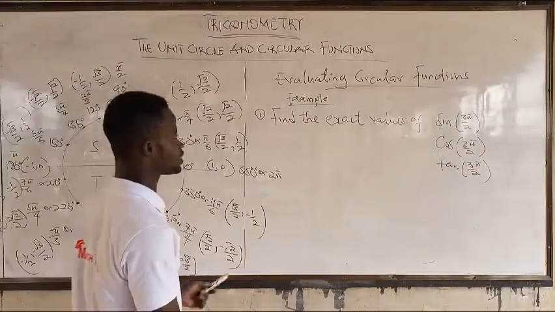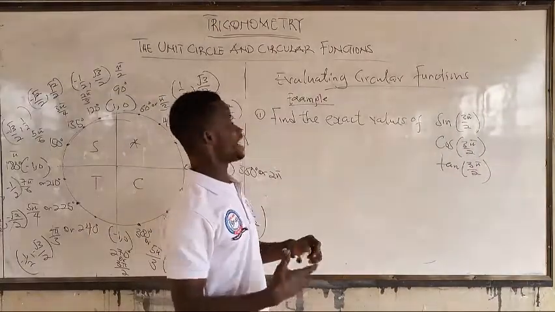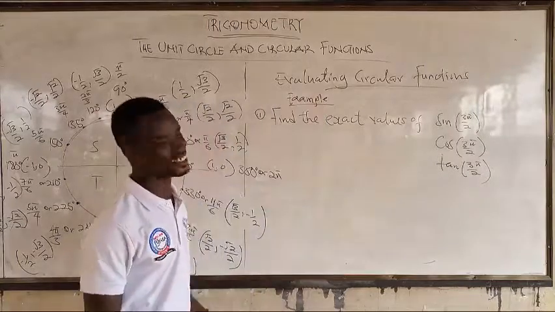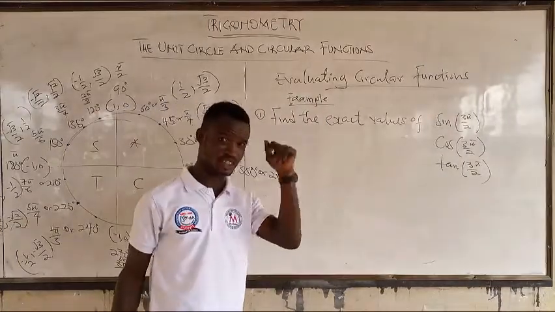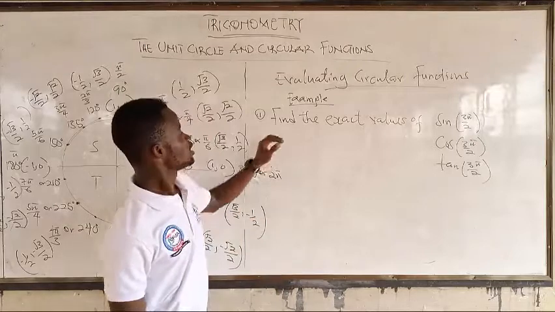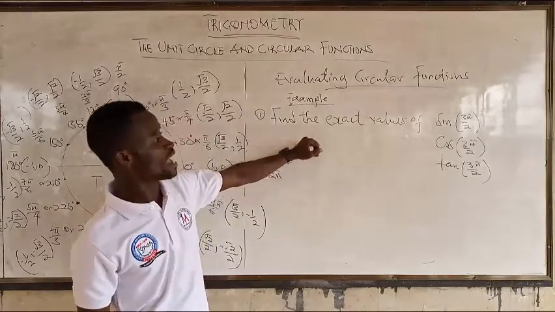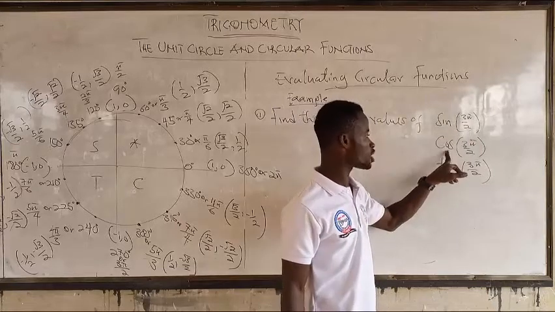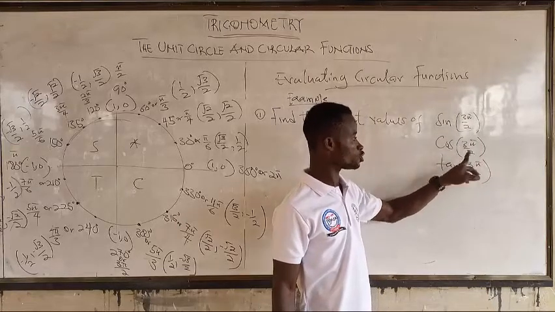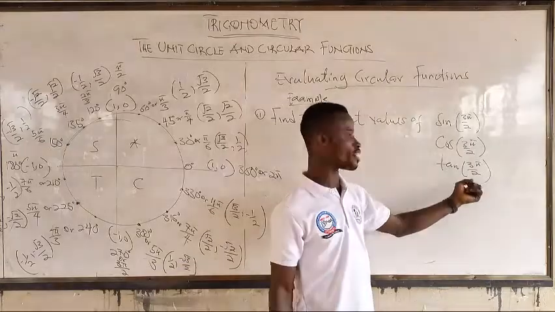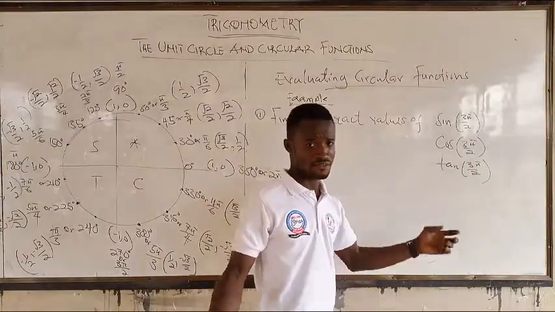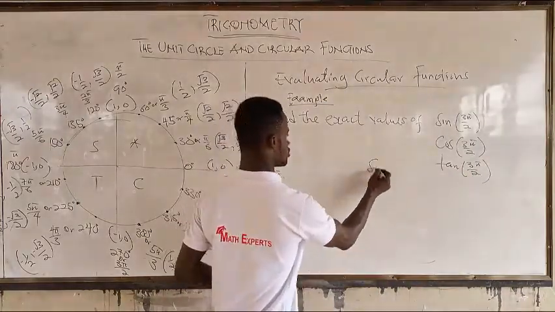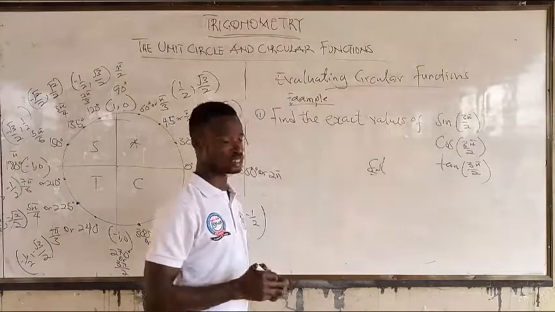All right, here we are evaluating circular functions. So right now, don't forget all the circular functions that we derived. Here we have to find the exact value of sine 3 pi on 2 and cos 3 pi on 2. And we also have sine 3 pi on 2. Very good. So, solution. Let's look at how we evaluate it.